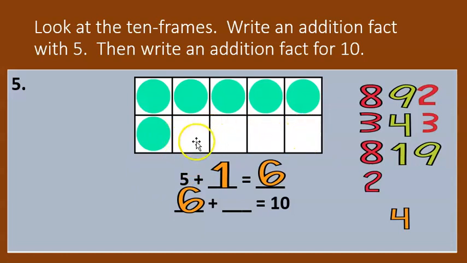Let's count. 1, 2, 3, 4. So there are 4 squares that do not have a green circle. So we got to insert 4 into this second addition equation. And we have 6 plus 4 equals 10.